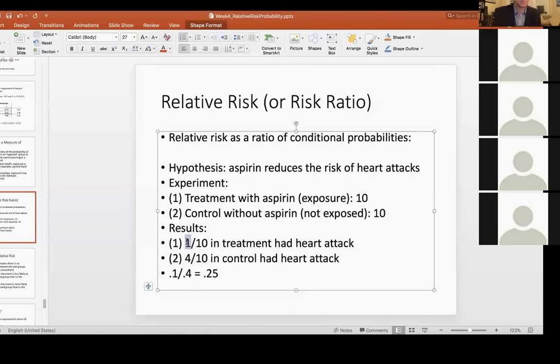So the point is, aspirin might not have an effect for everybody. Concomitantly, you might not have a truly large effect if the relative group or risk sample is small. And that's true with a lot of statistics. You can't just rely on percentages. You've got to look at the raw or absolute numbers.